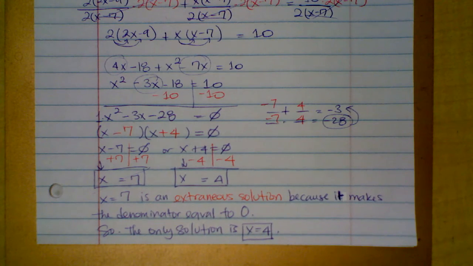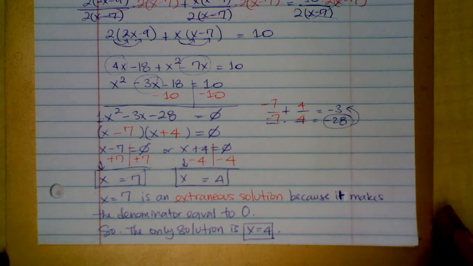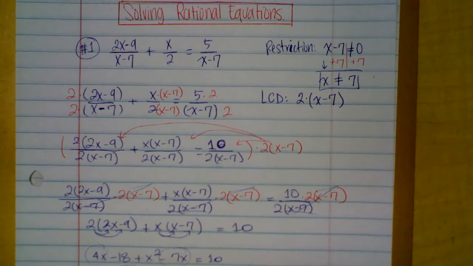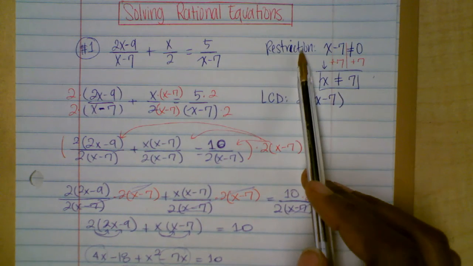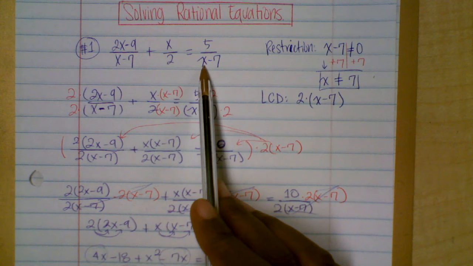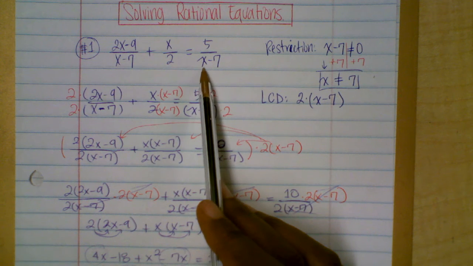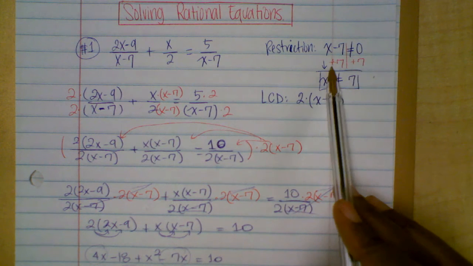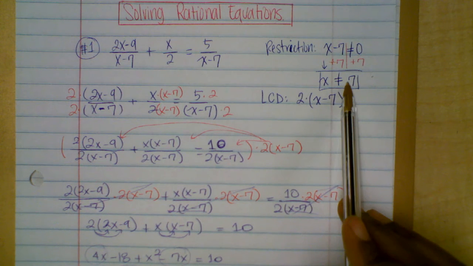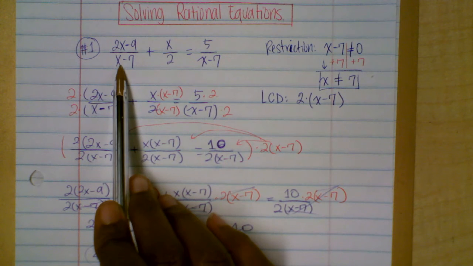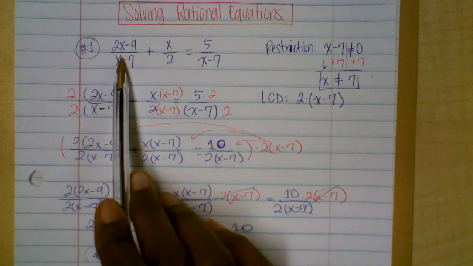Okay, so again, let's go over the steps. The first step that we've done here, we restricted the domain. You want to find out what number makes the denominator equal to 0. How do we do that? We take the denominator, set it equal to 0, and solve for x. So we know that x cannot be equal to positive 7. Why? Because it makes the denominator equal to 0, since 7 take away 7 is 0.